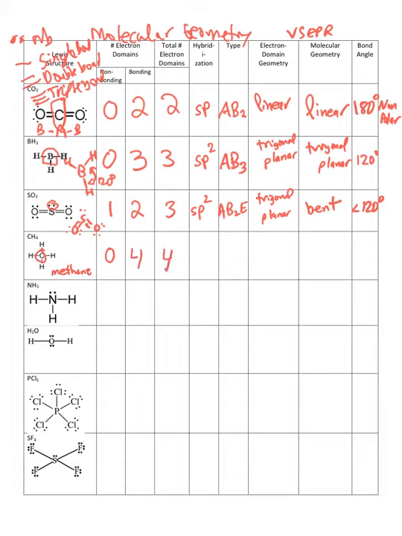That means it's got 4 electron domains. And so we could call this an AB4 type of molecule. And so when it's got 4 electron domains, the hybridization is going to be something called sp3. And the electron domain geometry is going to be tetrahedral.